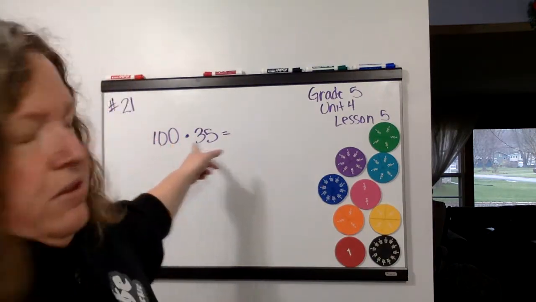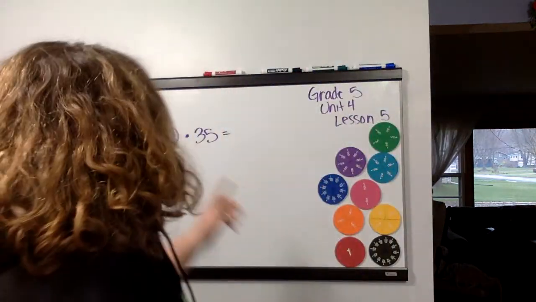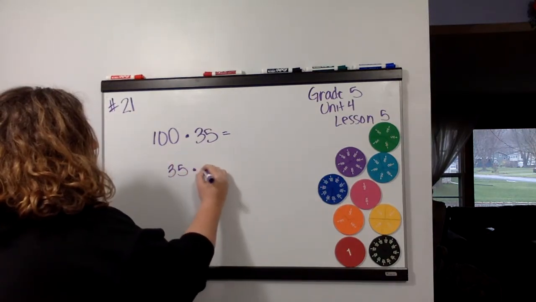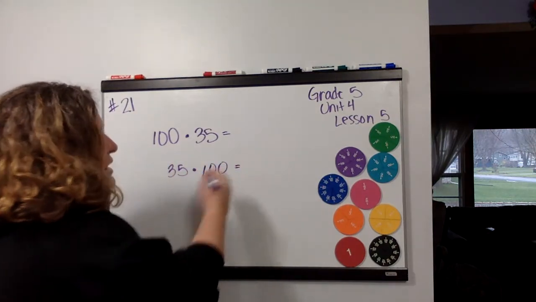Or in this case, what if he did 35 groups of 100? Every day he read 100 pages, oh, sorry, every week. 100 pages the first week, 100 pages the second week, 100 pages the third week.